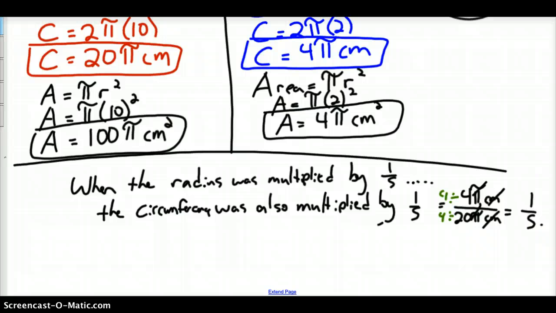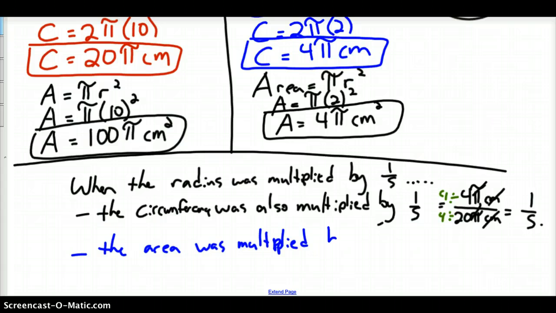Let's talk really quickly about what actually happened to our area. The area was multiplied by, let's see what happened here. Let's take the new area, which is 4 pi centimeters squared, and divide that by the old, which was 100 pi centimeters squared, and reduce this.